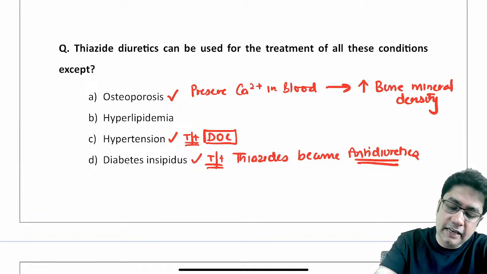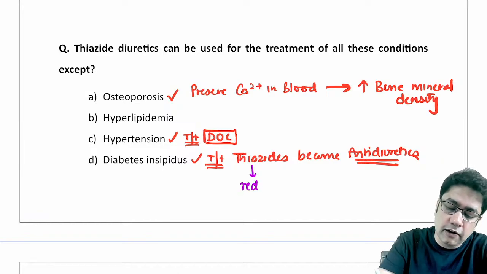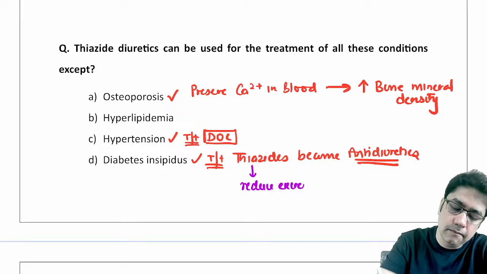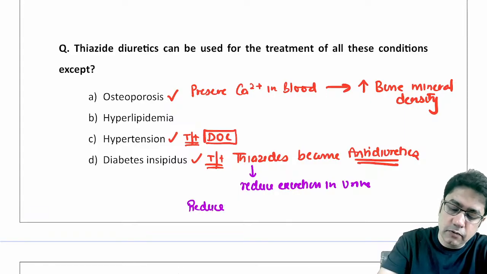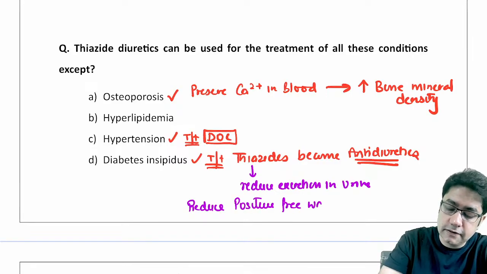When you give thiazide diuretic, they reduce water excretion into the urine. This statement can be written as they reduce excessive water excretion in urine. We call it they reduce positive free water clearance.